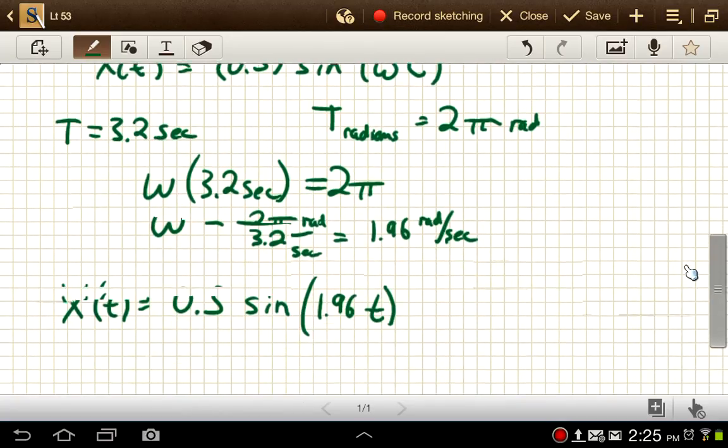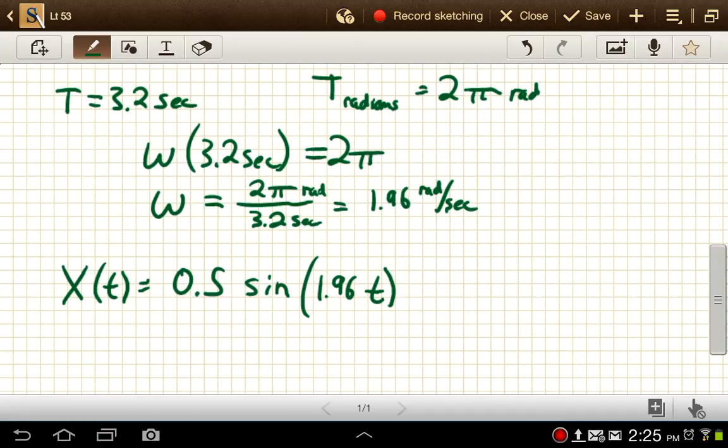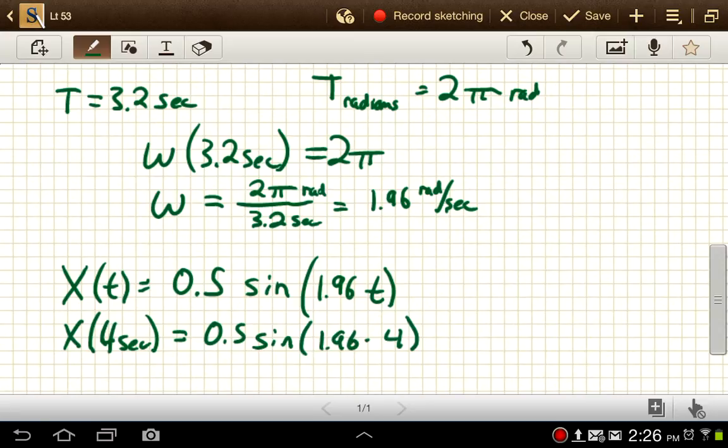So let's plug that in: x of 4 seconds is equal to 0.5 sine of 1.96 times 4.